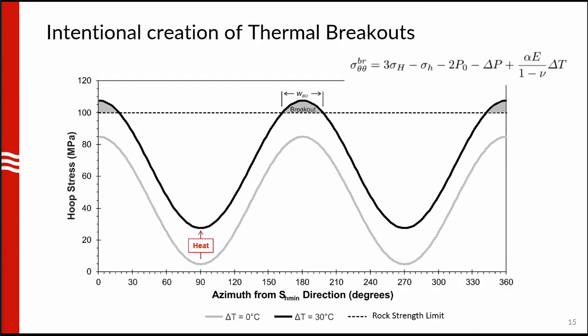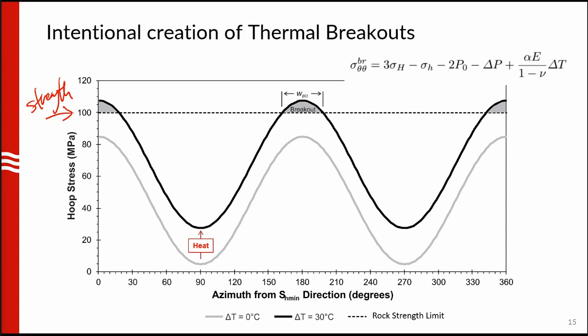So how does this work, again, in this sinusoidal variation of hoop stress? Initially, you might have a stress variation in gray on the bottom, which does not meet the rock strength. Here, sorry, I forgot to label, but that's the strength of the rock in this scenario.